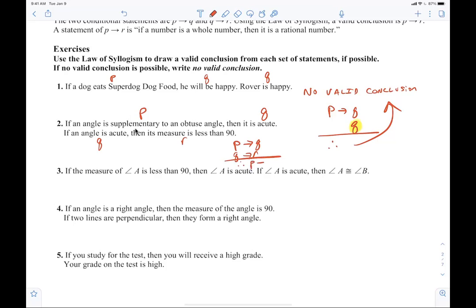P to R. So then I would just go back and write it. If an angle is supplementary to an obtuse angle, then its measure is less than 90 degrees. I just think that's kind of easy. All right, once I realized that, I just said, let's move on. All right, so let's go to the next one.